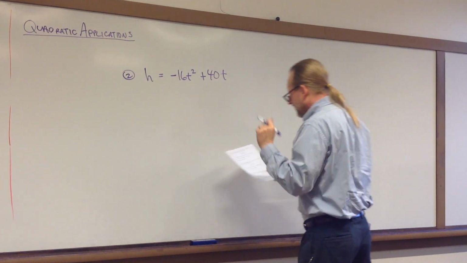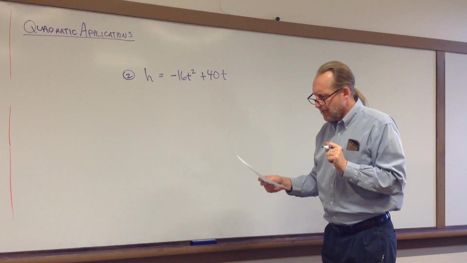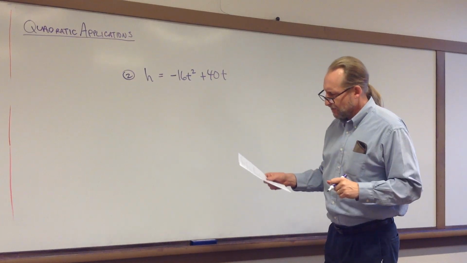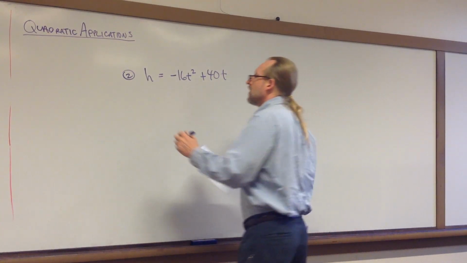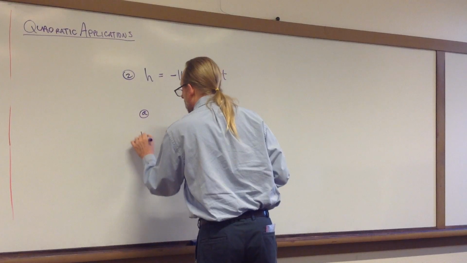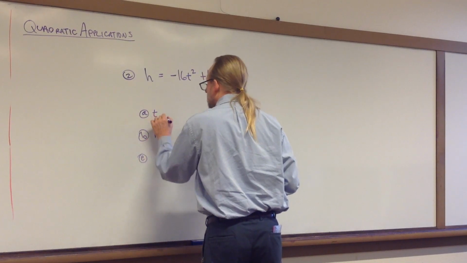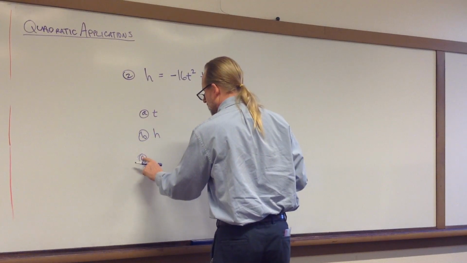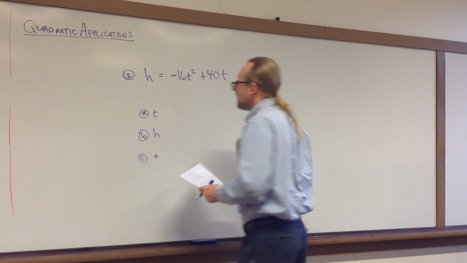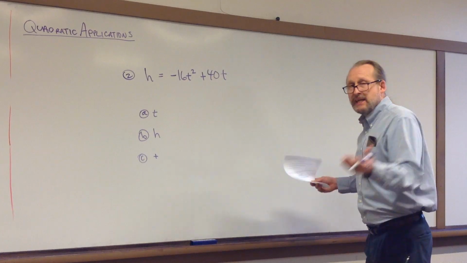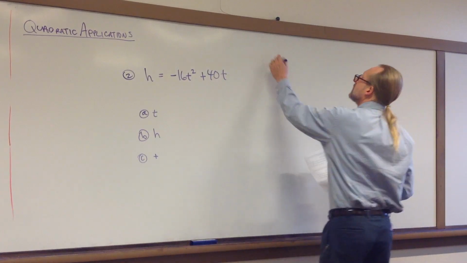After how many seconds does the ball reach its maximum height? What is that maximum height? How long is the ball in the air? So the key here: find the vertex.